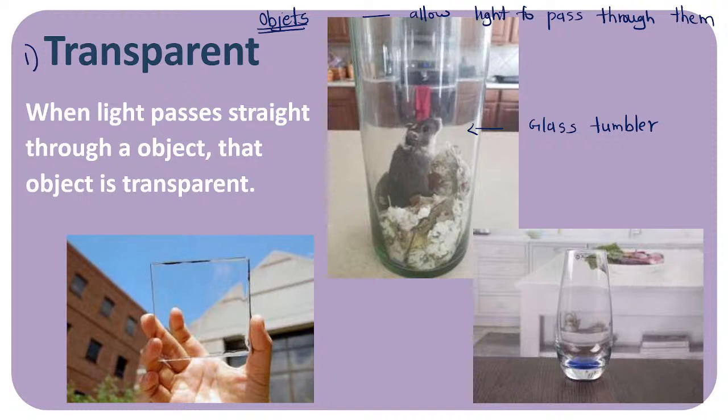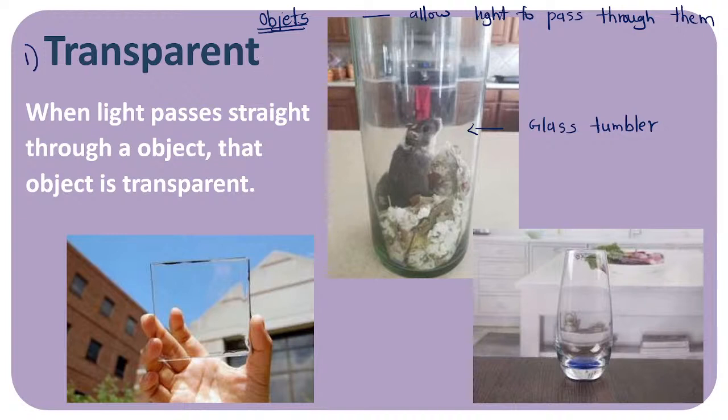Yes. Why is that mouse visible to you? Because this tumbler is transparent. What do you mean by transparent? You can see through this, isn't it? Transparent objects are those through which you can see.